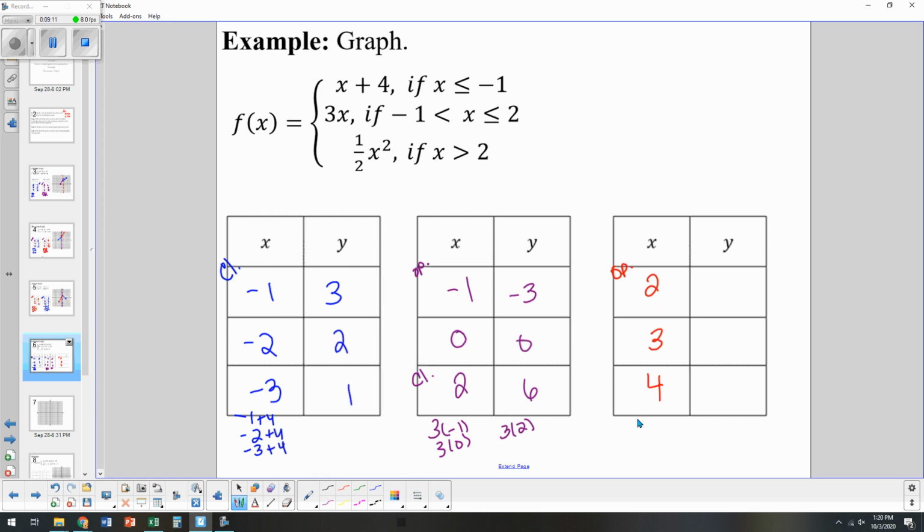And then I have 1/2 x squared. So it's going to be 1/2 times 2 squared, so 1/2 of 4 is 2. 1/2 of 3 squared, so 1/2 of 9 is 4.5. And 1/2 of 4 squared, so 4 squared is 16, half of 16 is 8. So these are the points we're going to use.